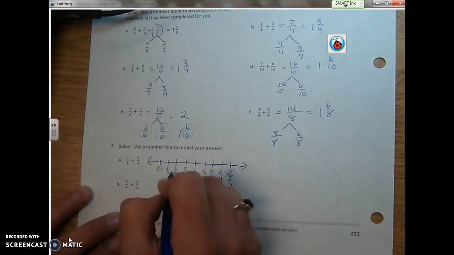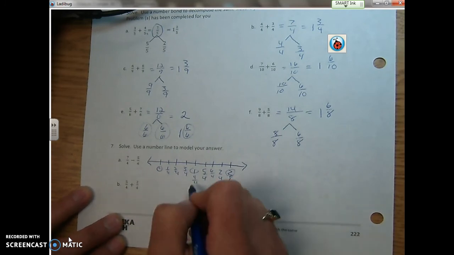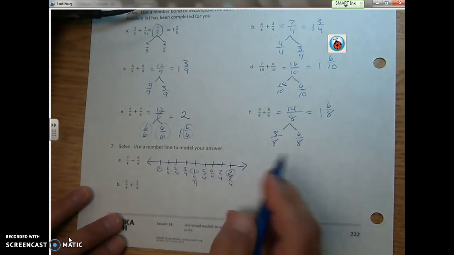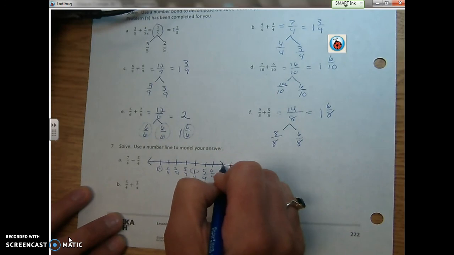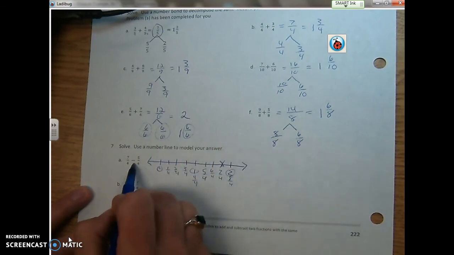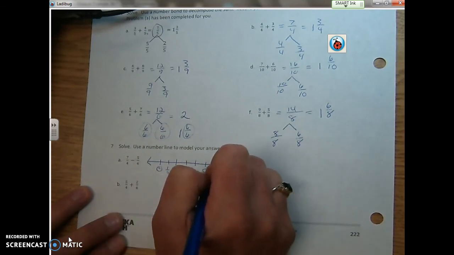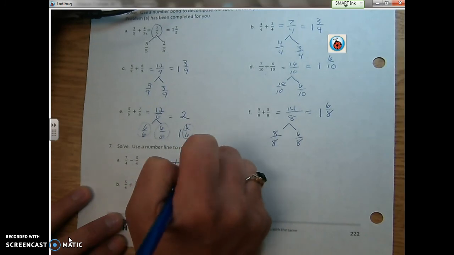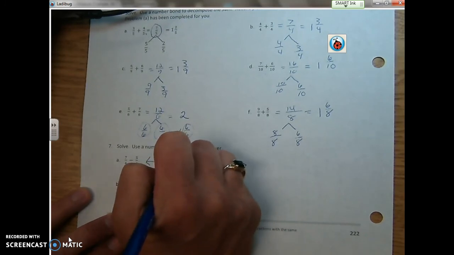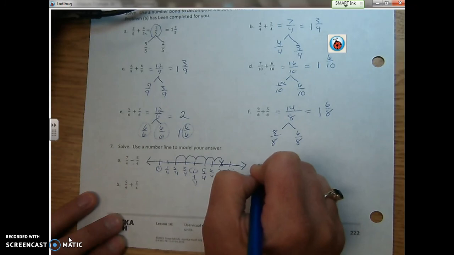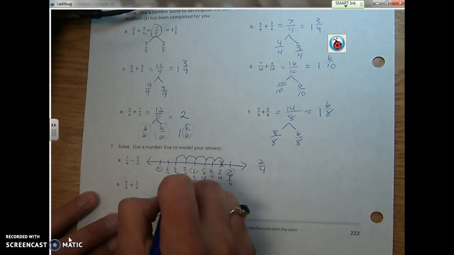Remember, 2 is the same as 8/4. 1 is the same as 4/4. So if we start with 7/4 and we subtract 5/4, we can go 1, 2, 3, 4, 5. We end up with 2/4.